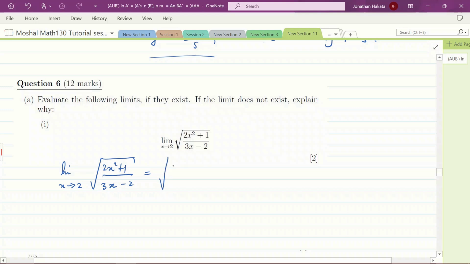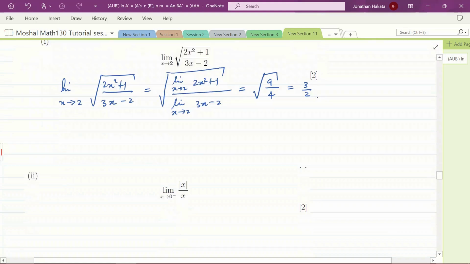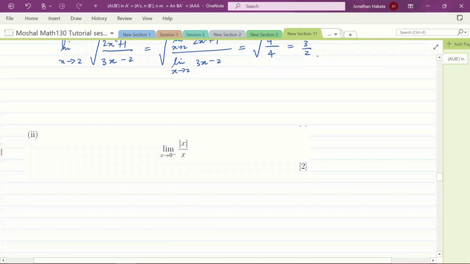So this will be the square root of the limit as x approaches 2 of 2x squared plus 1, all over the limit as x approaches 2 of 3x minus 2. By direct substitution, 2 squared is 4, times 2 is 8, plus 1 is 9. So we have square root of 9 over, putting 2 here, 6 minus 2, that's 4. The square root of that gives you 3 over 2. That was direct substitution using the properties of limits. Let's move to the next.